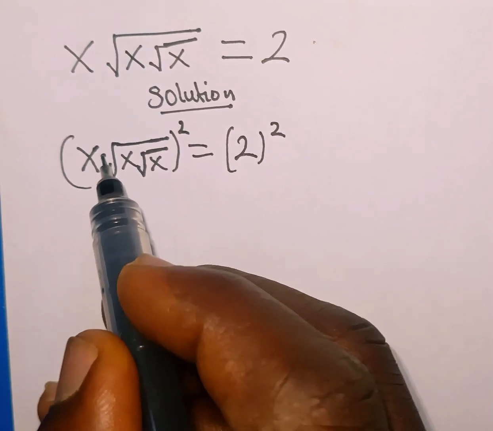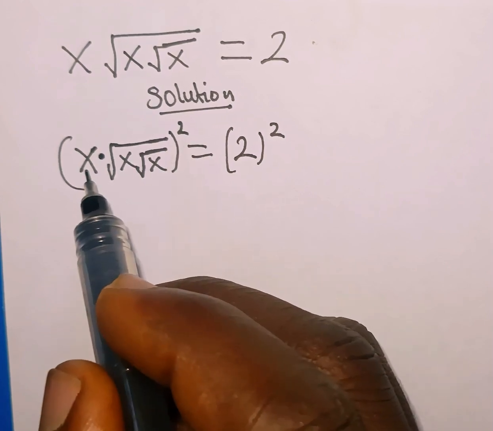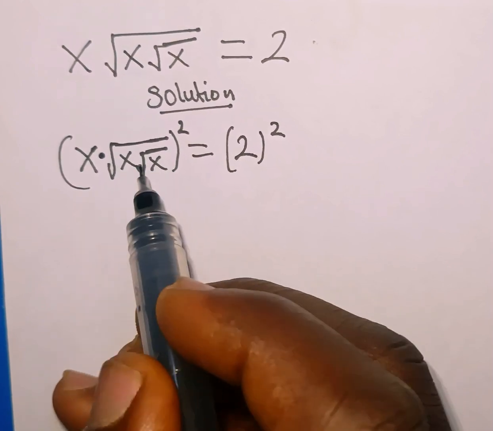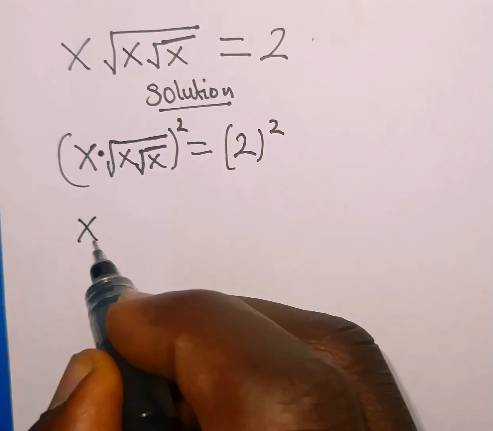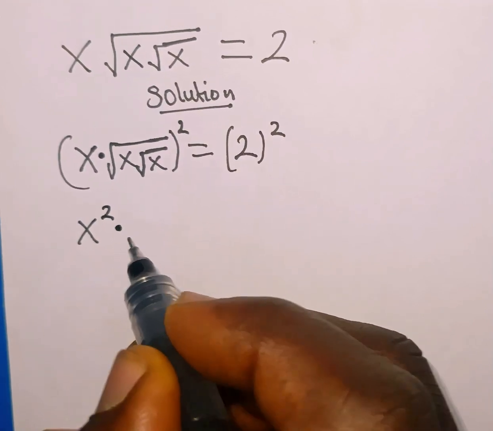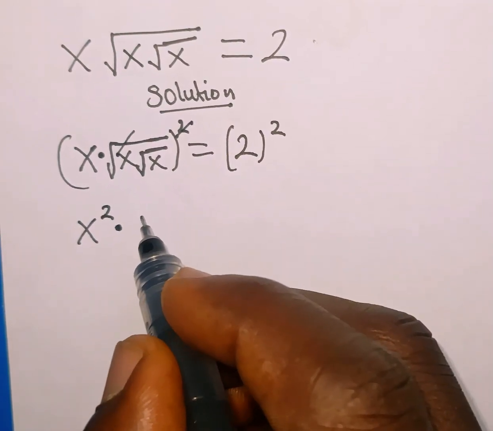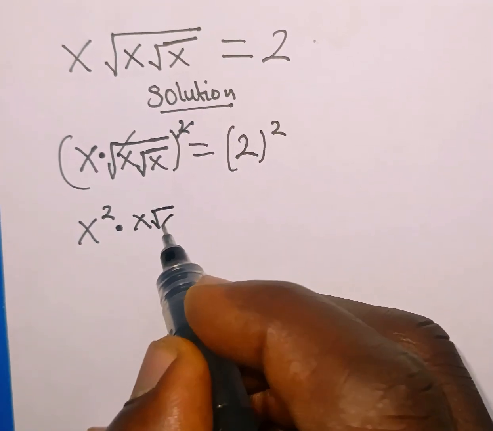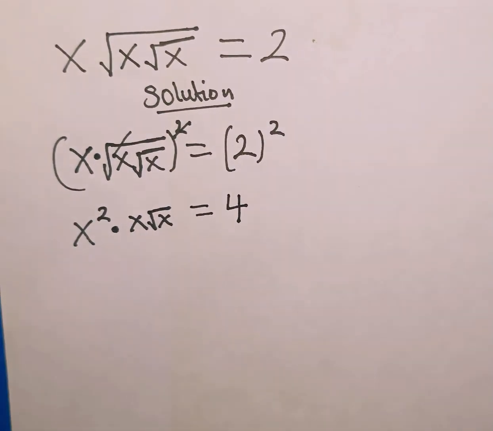As you can see, this x is multiplying the square root, so the square will affect this x and also the whole of this square root. So x raised to the power of 2, then multiplied by this square, which cancels the square root, leaves us with x root x, which is the same as 2 to the power of 2, which is 4.